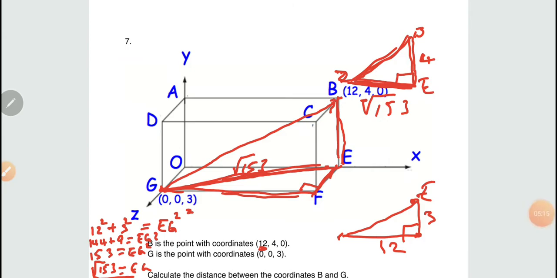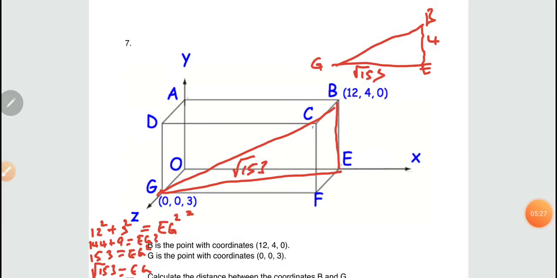So I've just tidied it up a little bit. So this length here is actually this bit on the floor diagonally, which we worked out was the square root of 153.